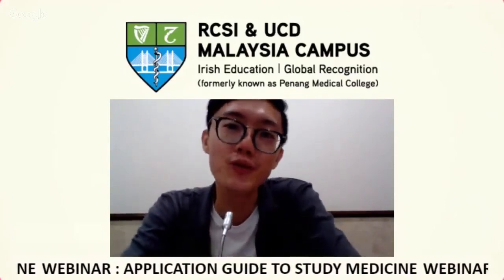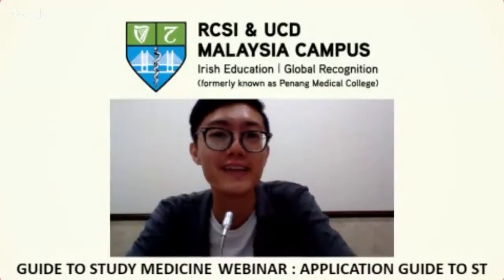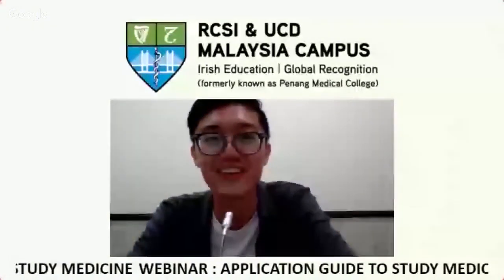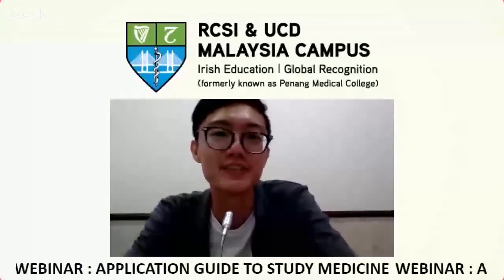If you do have any other questions, you can always email us, and I'll be sure to send you an email after this. Sorry for taking such a long time and for the hiccups on the technical side. I know this is a long video that we uploaded this time.